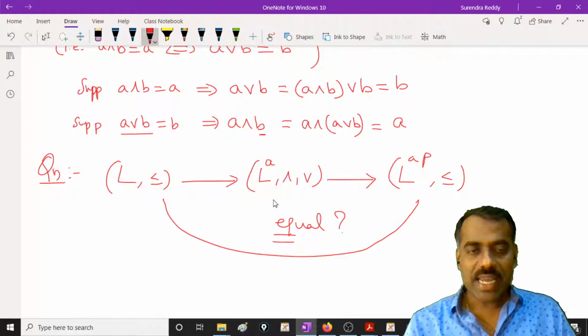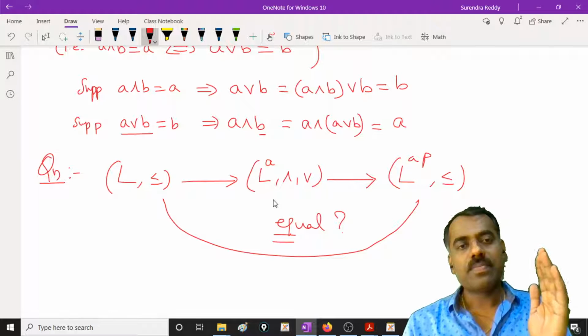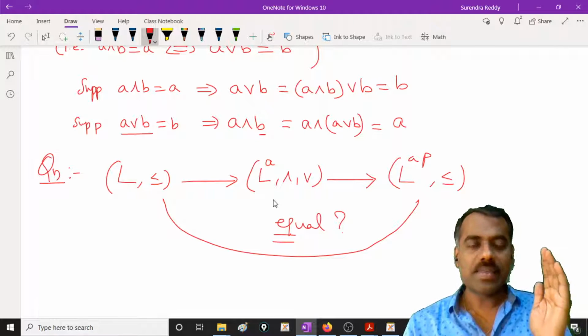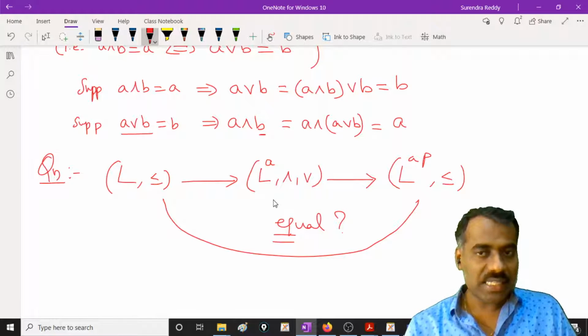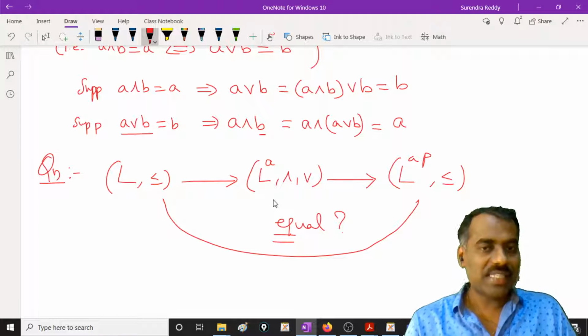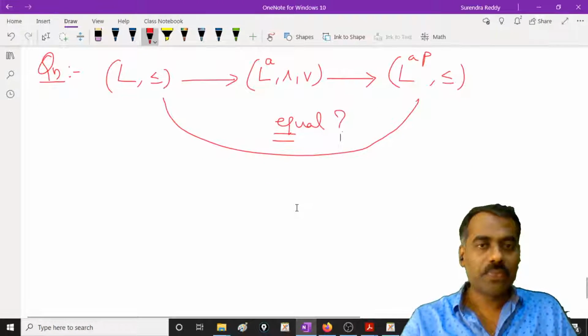So let me repeat again. We started with a lattice as a partial order, a poset. Now we have gone from that lattice to a lattice algebra. From that lattice algebra, again we are getting a poset, a lattice poset. Is this clear? Now the question is whether these two are the same. What do you think?